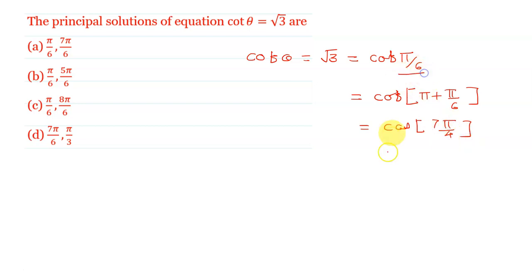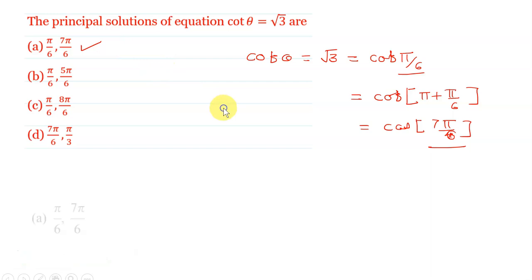One is pi by 6 and another is 7 pi by 6. Now pi by 6 and 7 pi by 6, which option is it? That is the option A is the correct one.